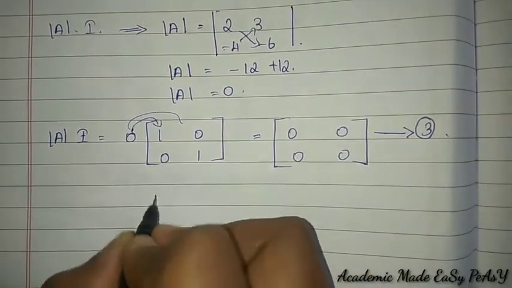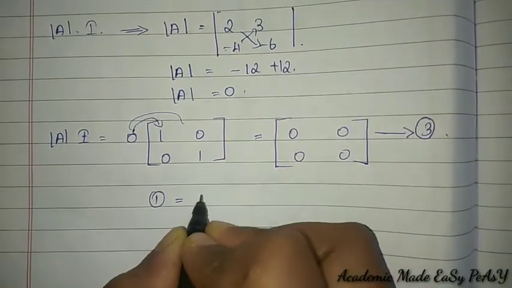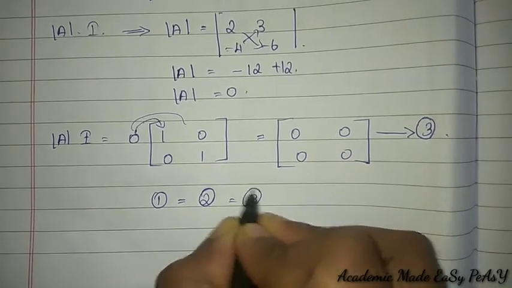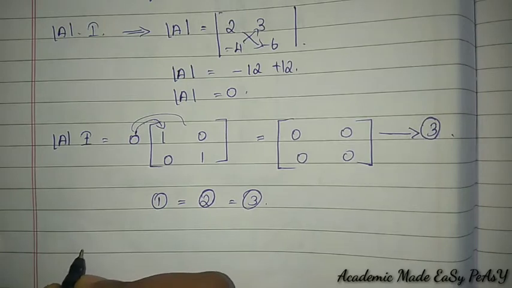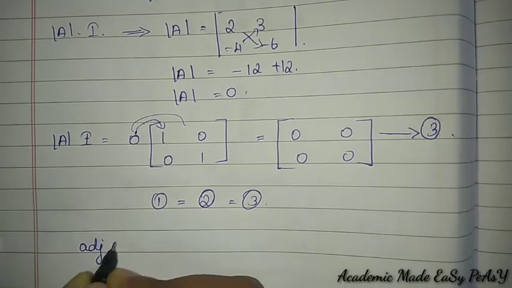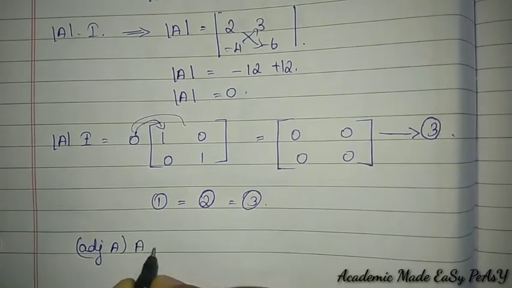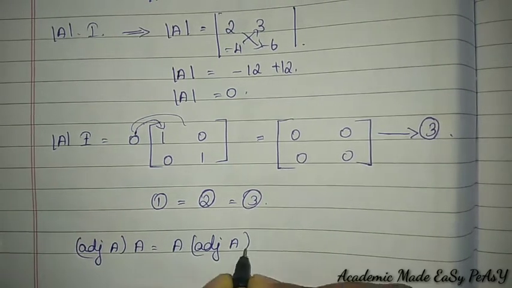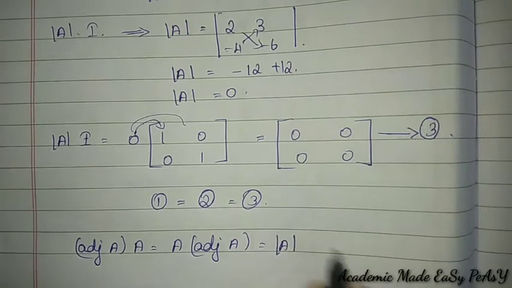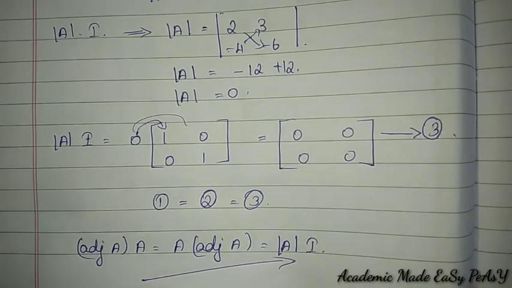So now equation 1 is equal to equation 2 is equal to equation 3. Hence it is verified that adjoint A into matrix A is equal to matrix A into adjoint of A is equal to determinant of A into identity matrix. Hence verified.